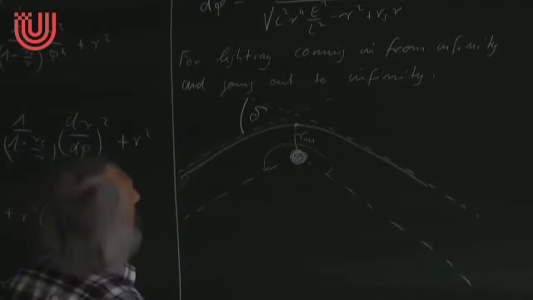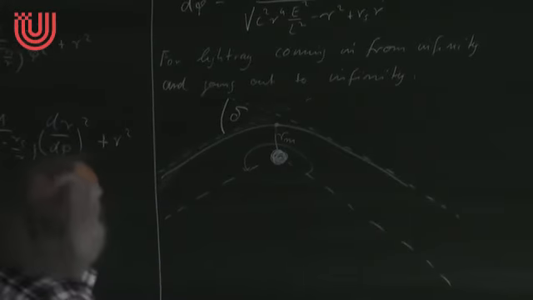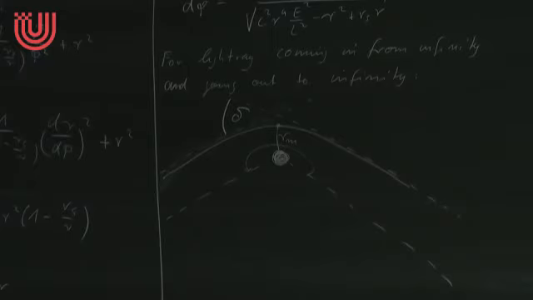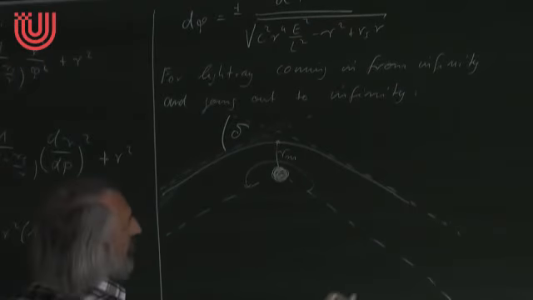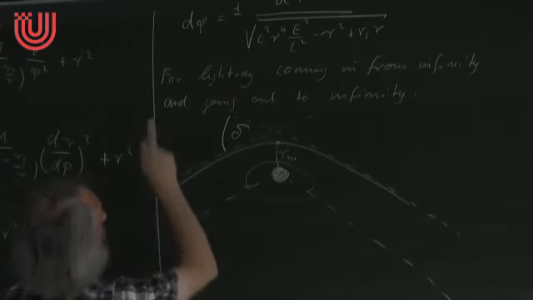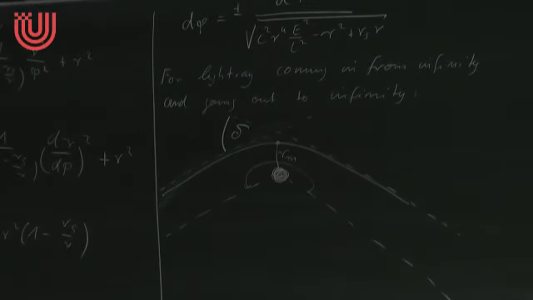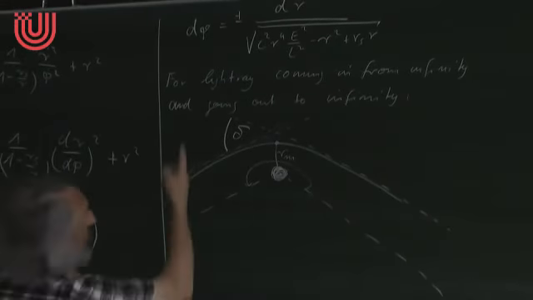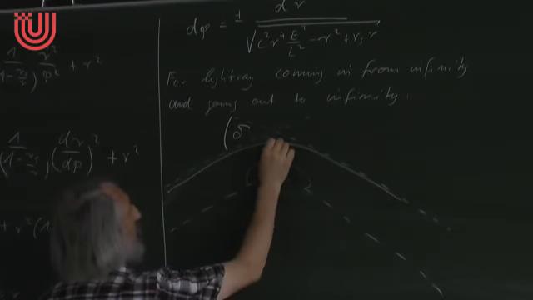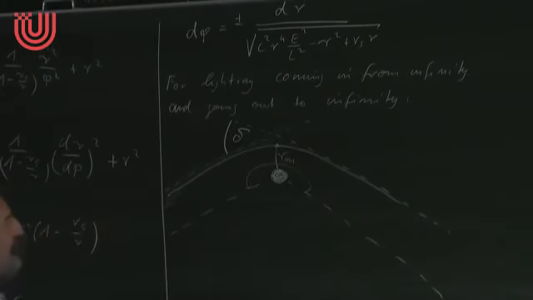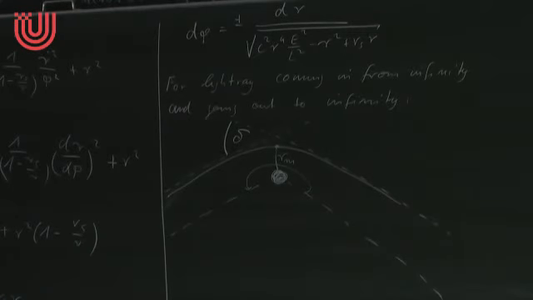So if I want to apply this formula to this situation, then I would have to integrate on both sides. The phi would go from 0 to pi plus delta on the left-hand side. And on the right-hand side, the r would go with an appropriately chosen sign from infinity to Rm, and then with an appropriately chosen sign from Rm to r. Obviously, both legs give a positive contribution to the d phi. The phi is always increasing, so the two things come with the same sign.